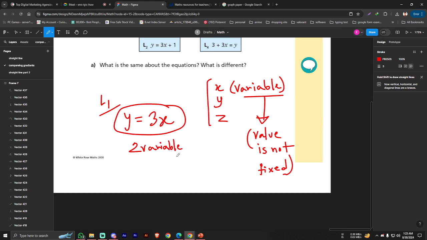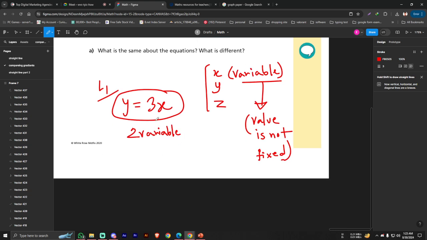Why are x and y called variables? Because you can put any value of x here, and for that value you get a different value for y every time. Suppose you put x is equal to 1, what will you get for y? 3, right? If you put x is equal to 2, what will you get? 6, right?